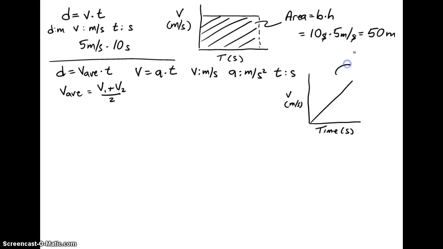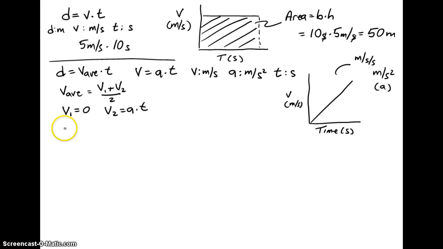Again, we can see the slope of that. Slope is going to be in meters per second squared, which is our acceleration. For this, I'm going to assume that I start at rest at 0 meters per second, and my final velocity, velocity 2, is going to be equal to my acceleration times my time.